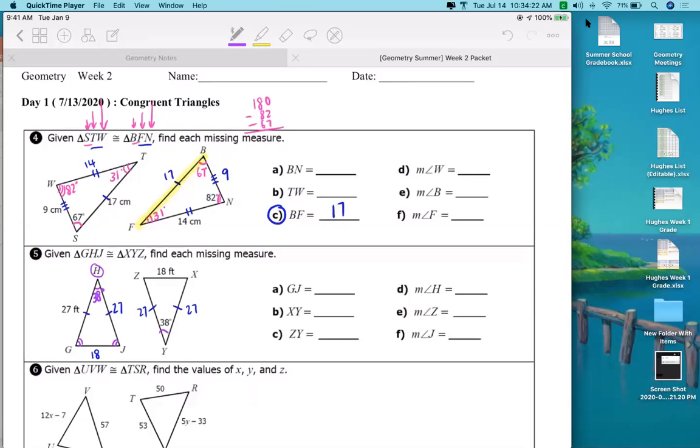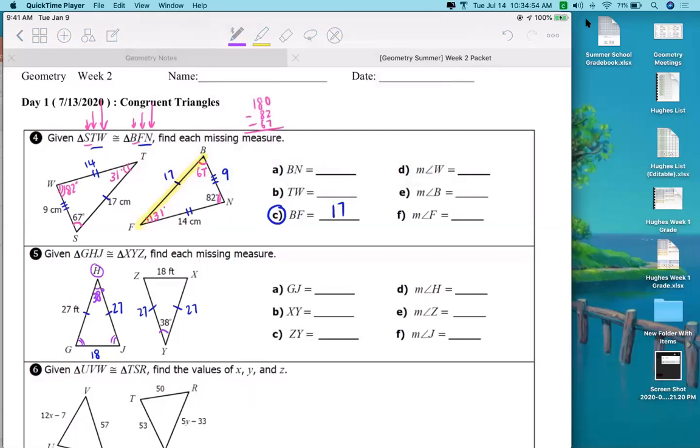It's okay, so Alberto said it's 71 degrees. Let's check whether it's 71. If this is 71, that means the other one's 71, right? So if I add up all of them together, it should give me 180 degrees, which is the triangle. Good job, Alberto. Some of you were like, how did he get 71?